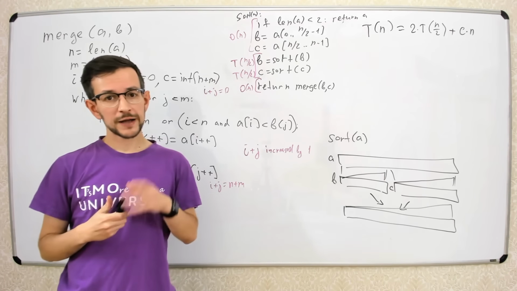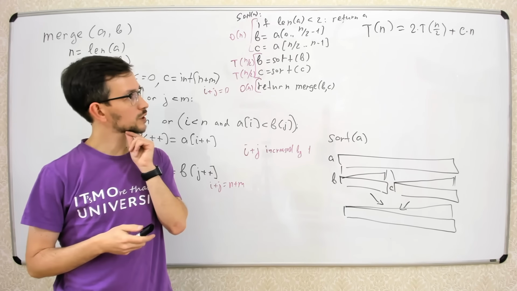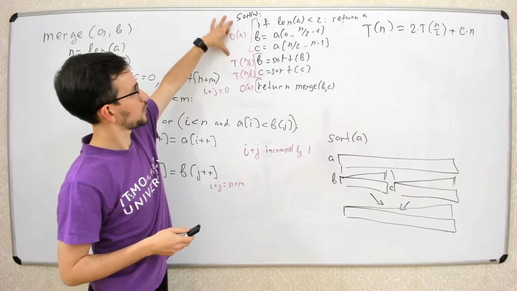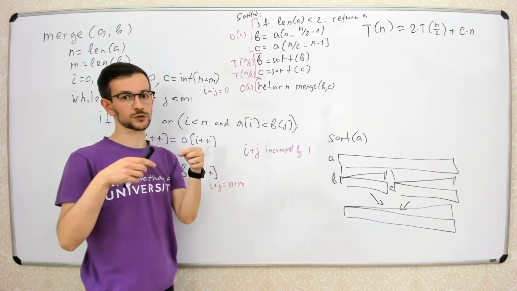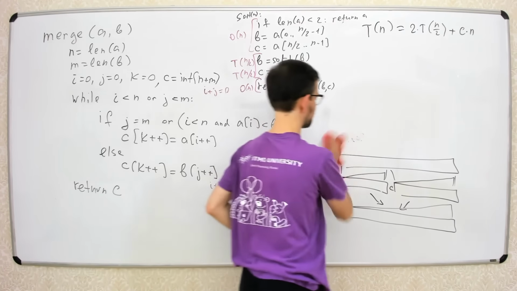Yeah, we had almost the same recursive function before, but what is different here? Here is this part. Here we have additional linear processing time in each recursive call. So again, what happened?